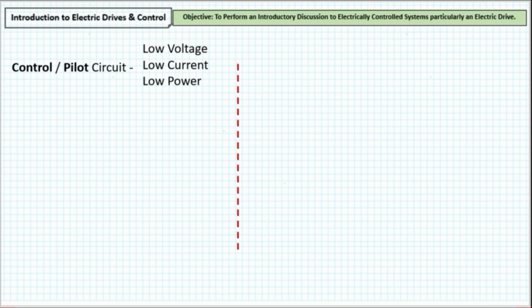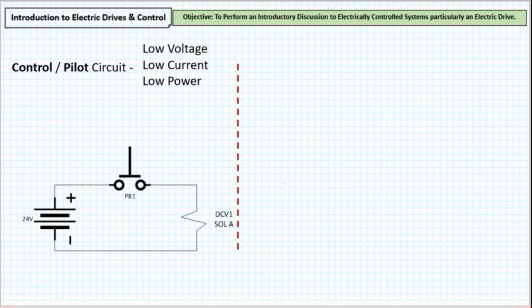Control circuits usually have low voltage, low current, low power signals that are entirely separate and electrically isolated from what is controlled, whether it is hydraulic, pneumatic, or higher voltages. The control circuit is in charge of signaling the power circuit to take an action.